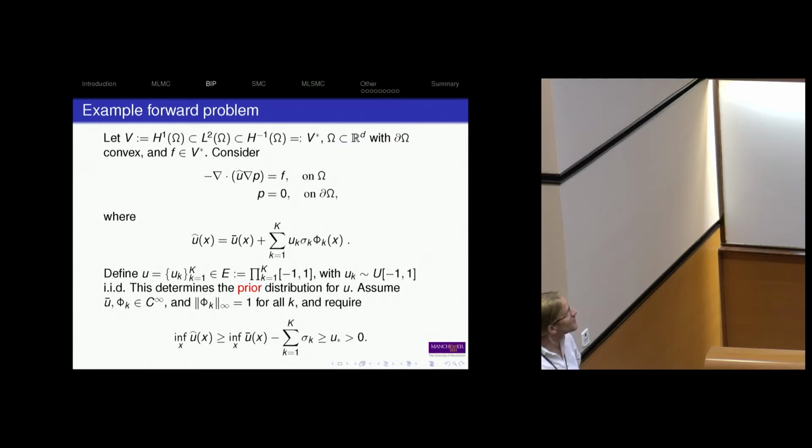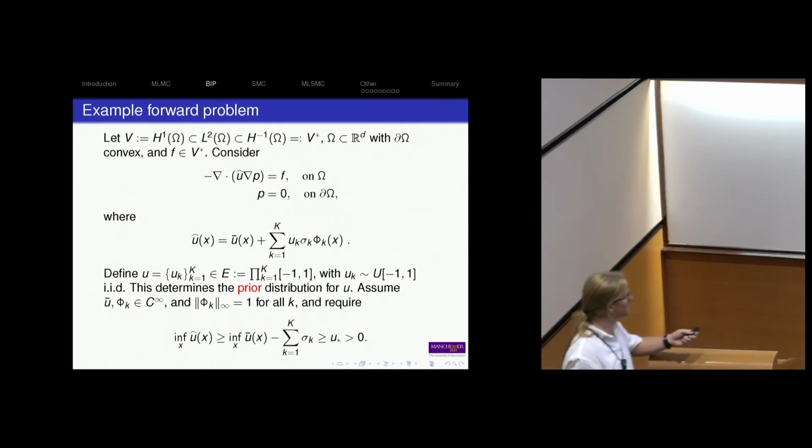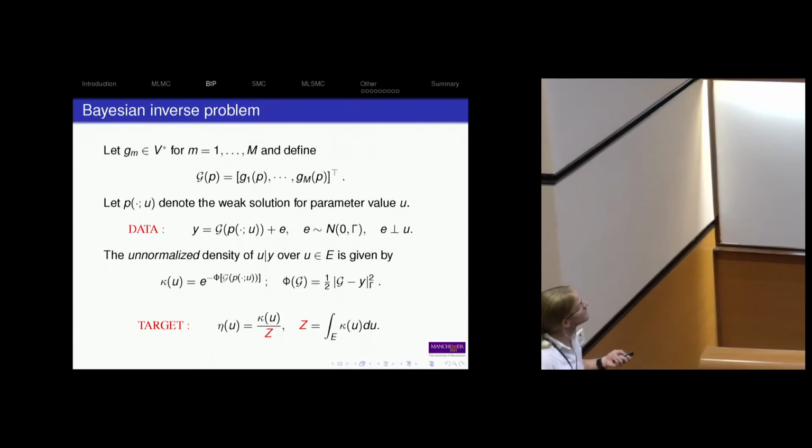That's the prior, and assuming that we have some appropriate conditions on these u bar, phi k and sigma k, in particular that almost surely with respect to the prior, this u hat of x is bounded away from 0, then we have some uniform estimates on the solution of this PDE, and so everything works out nicely for this example.